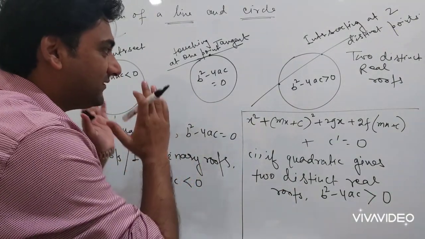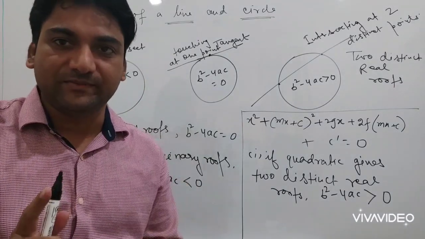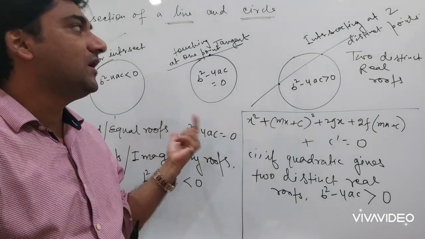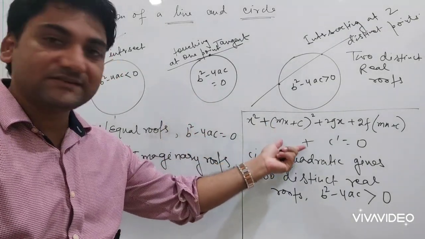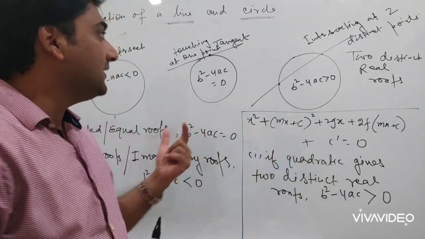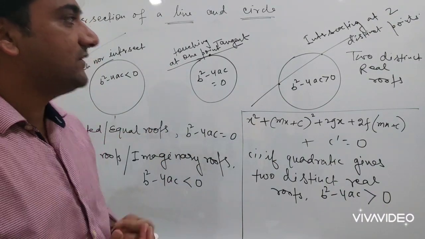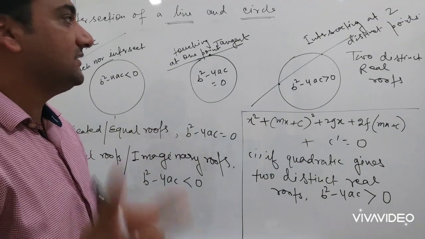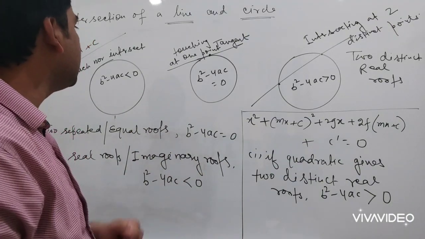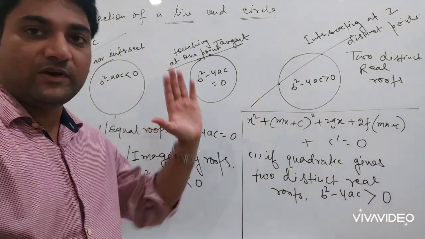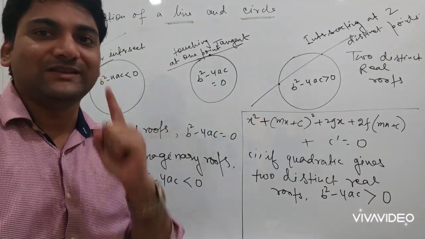Now I am going to explain everything with the help of one example. Randomly I will take one circle and one line, and then I will tell you how to solve. First of all, how will you get this kind of quadratic, and then how can you give a result whether the line and the circle are intersecting, tangent, or not intersecting. So let's understand whatever I have explained with the help of one example.